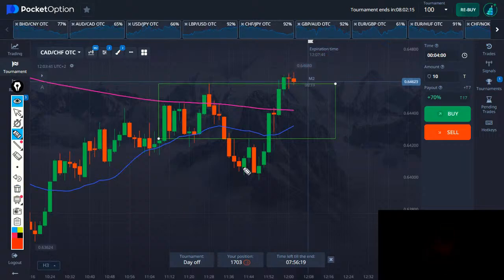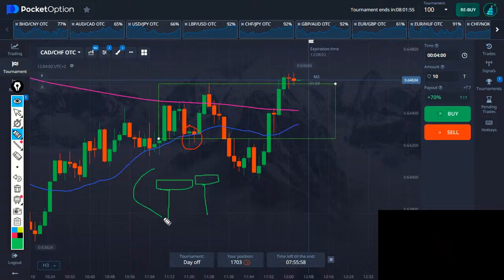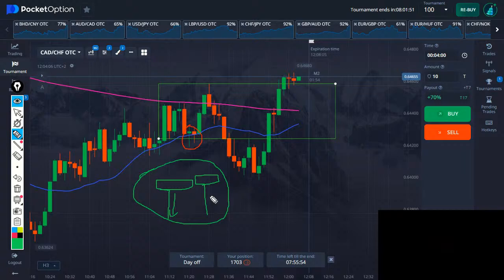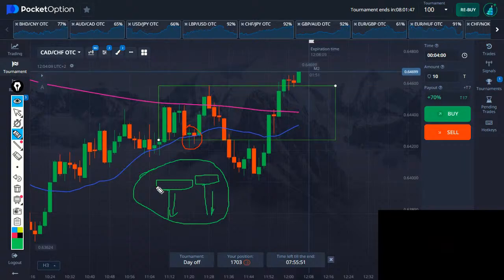Okay, if you see, for example, for a sell or for a buy, if you see two back to back pin bars, my drawing is a disaster, no problem. If you see back to back pin bars like these, long wick, long tail, small body at the top, closing red or green, no issues.